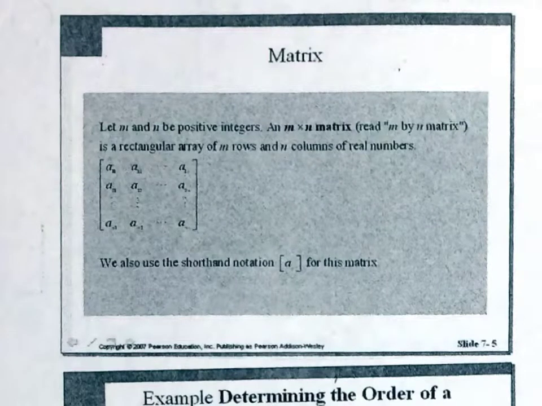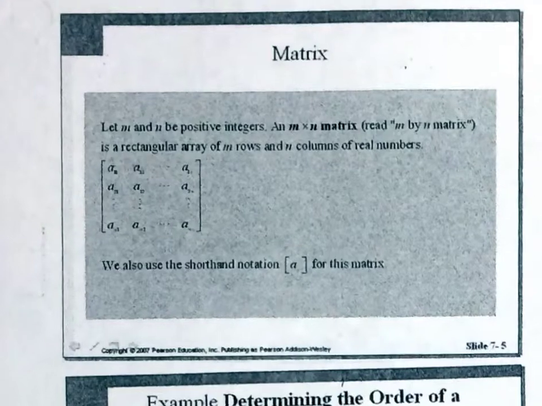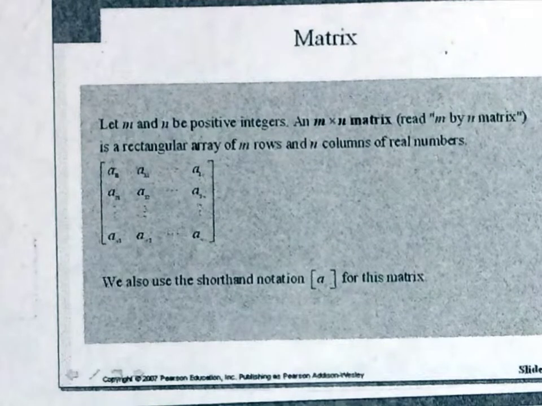Okay. So this is matrices, section 7.2. And one of the things that we need to know about matrices is the dimension of the matrix. For example, here you have this array of numbers. It says, let m and n be positive integers. An m by n matrix is a rectangular array of m rows.